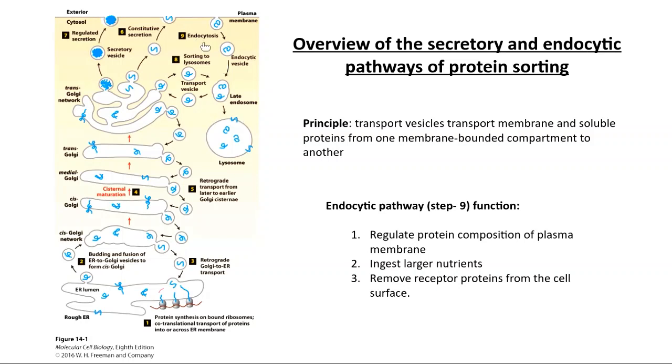The last one, the ninth one, is called the endocytic pathway. Here the proteins are not those which originated inside. Rather, those are extracellular proteins. Now remember, I said that through regulated secretion, when a specific situation arrives, there are extracellular signals, and when the cell receives those signals, the regulatory secretory proteins get secreted outside.